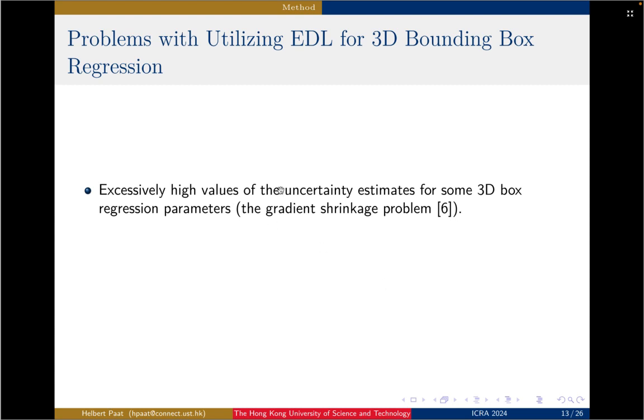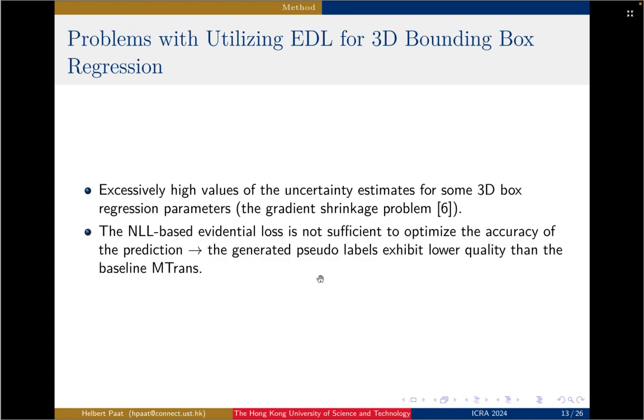One concern is the excessively high values of the uncertainty estimates because of the existence of the gradient shrinkage problem, where the model can decrease the loss value by increasing the uncertainty instead of getting accurate point estimates for the predicted bounding boxes. And empirical results also demonstrate that an NLL-based loss is not sufficient to optimize the accuracy of the prediction.